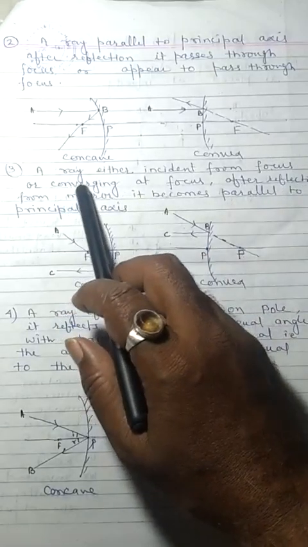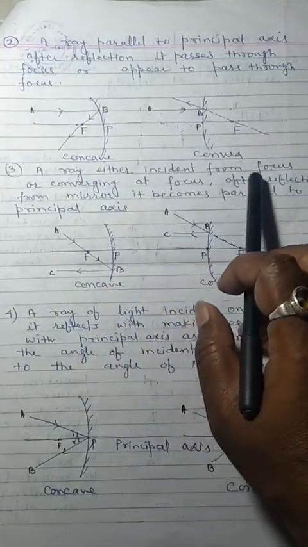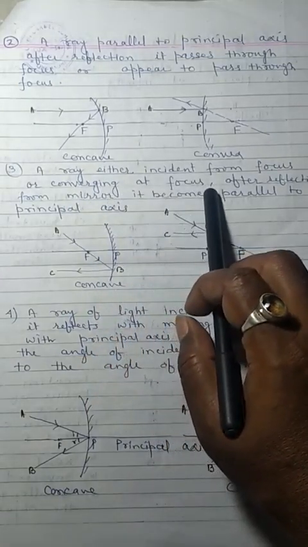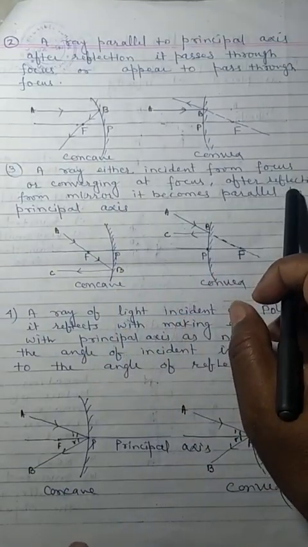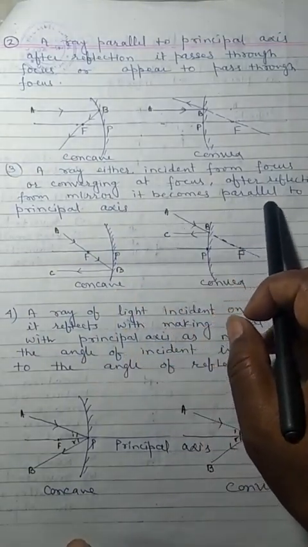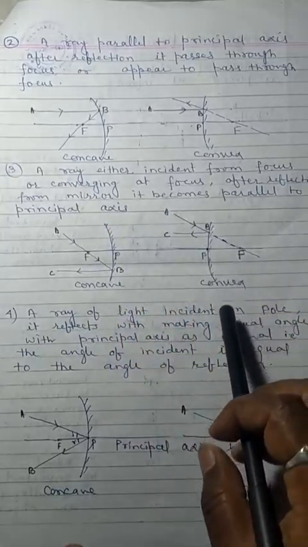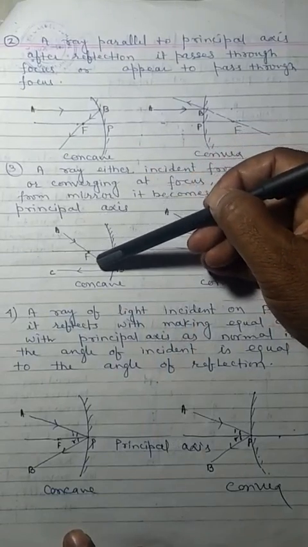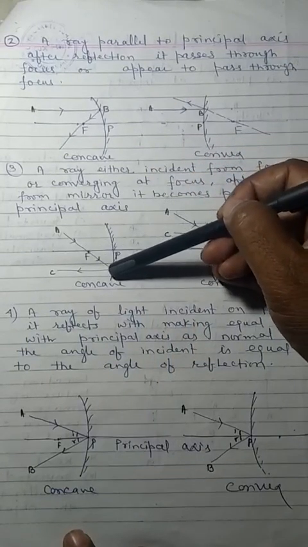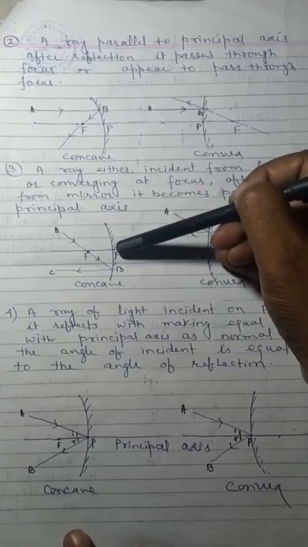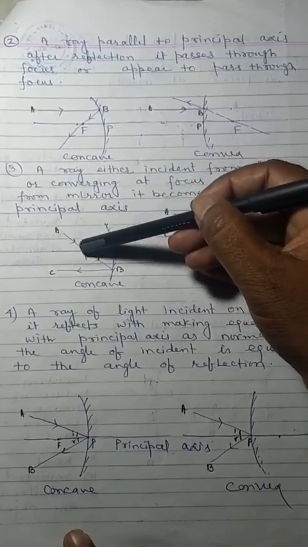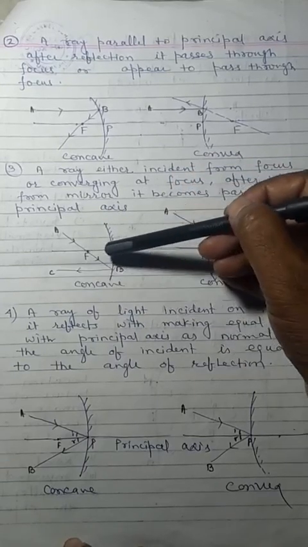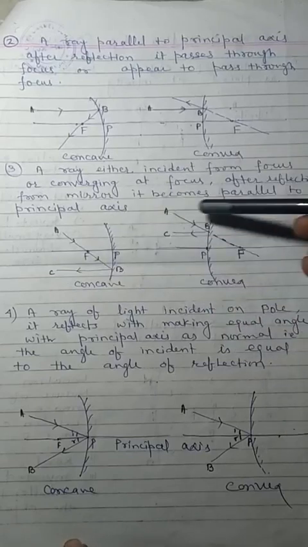Third, a ray either incident from focus or converging at focus. After reflection from mirror, it becomes parallel to principal axis. So see, this is concave mirror. Ray passing through focus, after reflection, becomes parallel to principal axis.